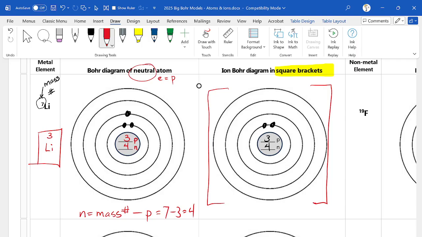If you've forgotten, shell number 1 needs 2, shell number 2 needs 8, and shell number 3 needs 8. And we would put our charge up at the top.